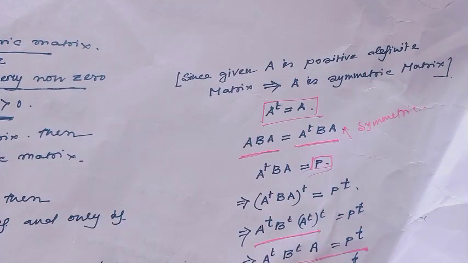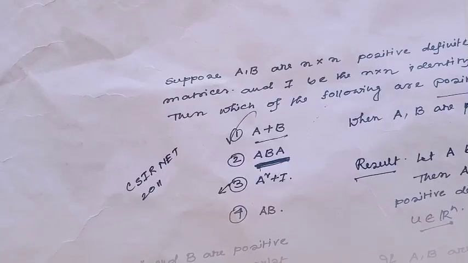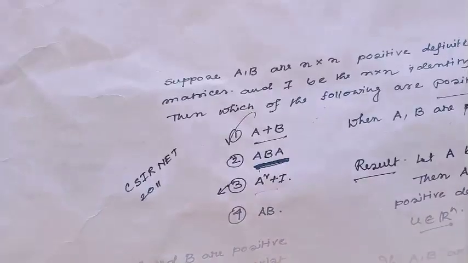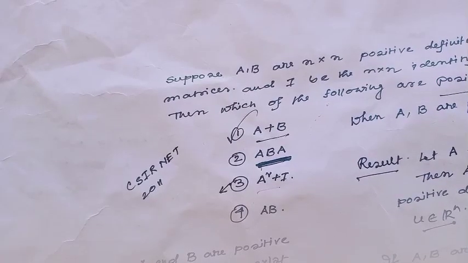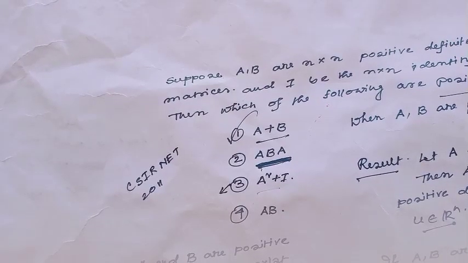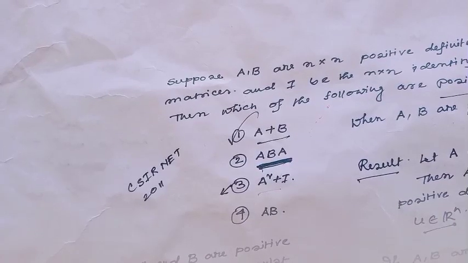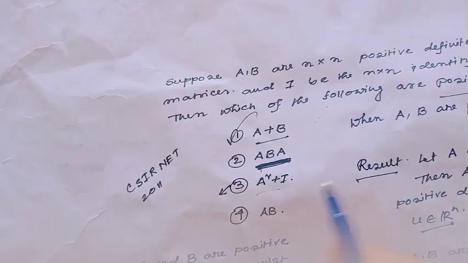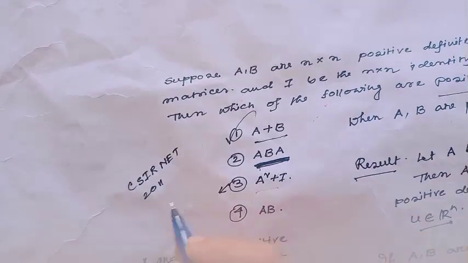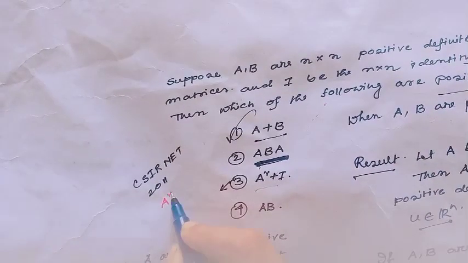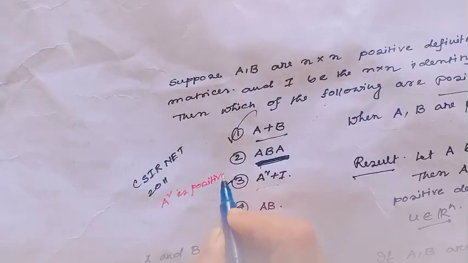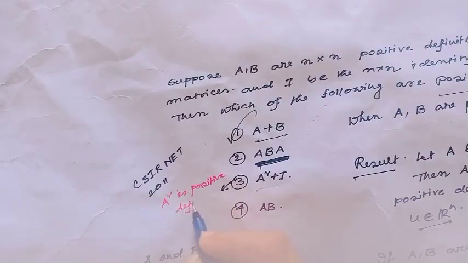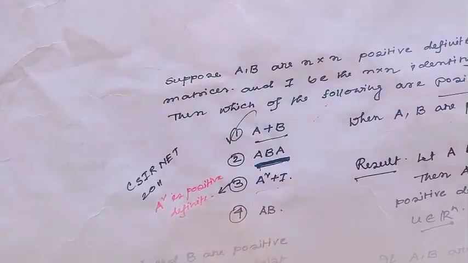Well, third option: is A square plus identity positive definite? This is a very easy method. Just think at first by yourself. Since A is a positive definite matrix, obviously A square is positive definite, because all eigenvalues of A are positive.